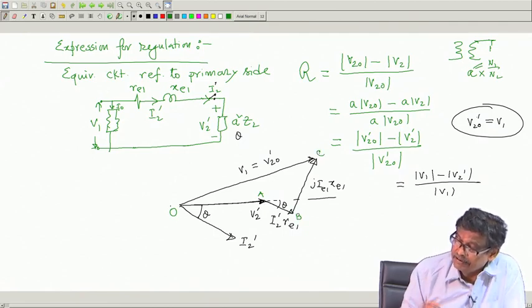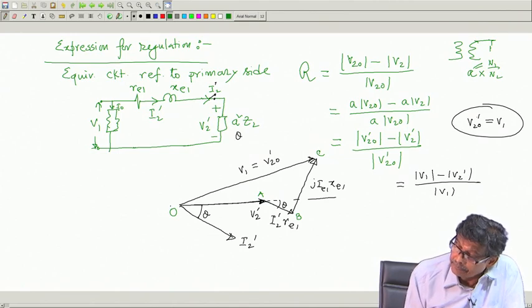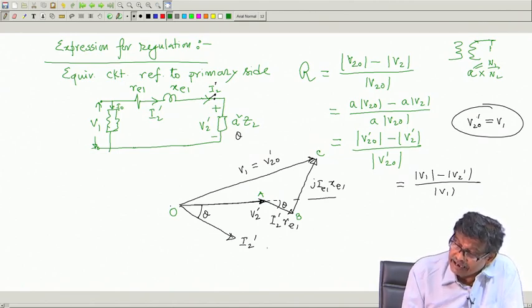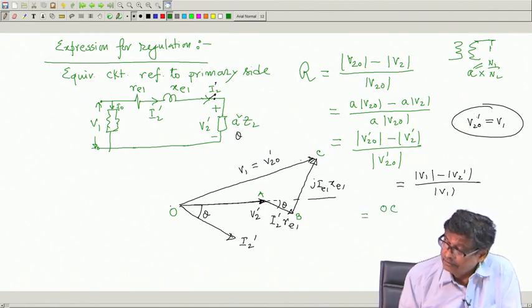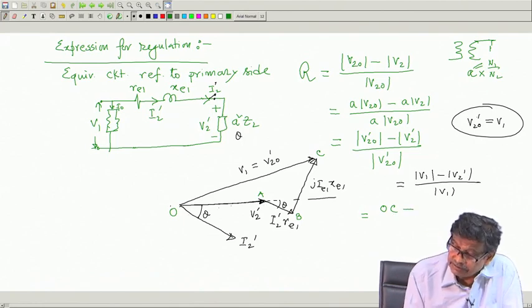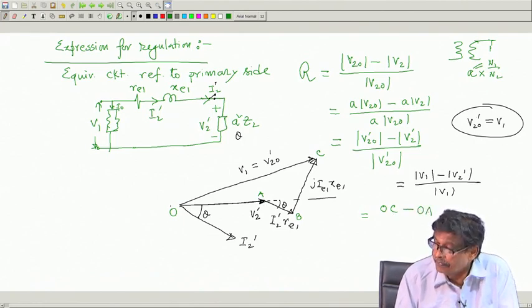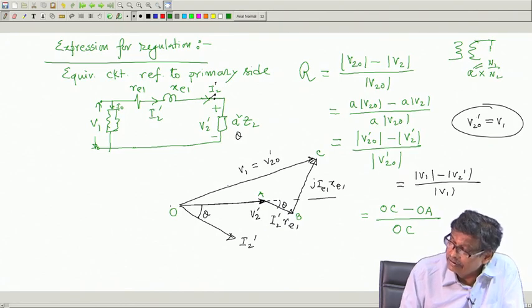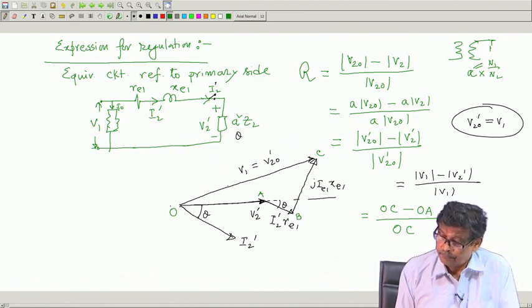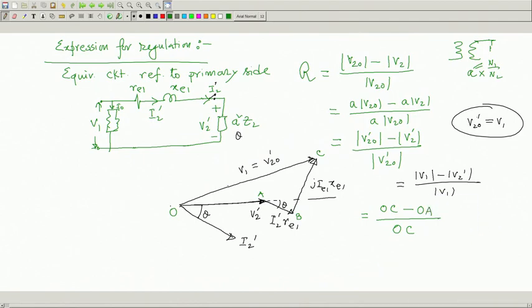See, it is like this. Okay. Then magnitude of V1 means length OC, this length, minus V2 dashed, OA, divided by OC. Now, I am writing length OC minus OA divided by OC, this will be regulation. Clear? So it will be like this.